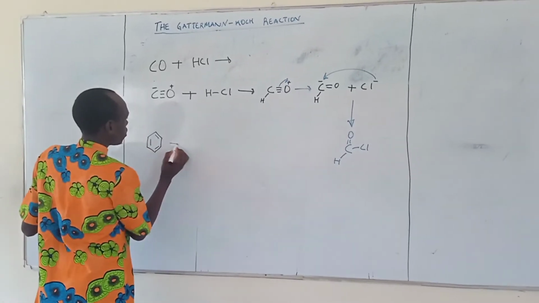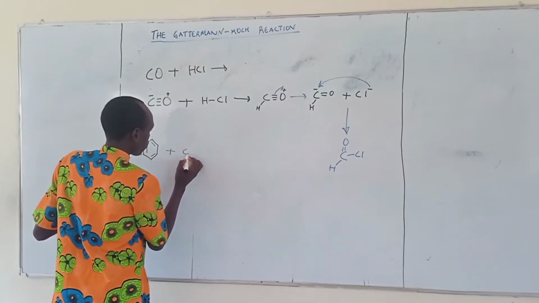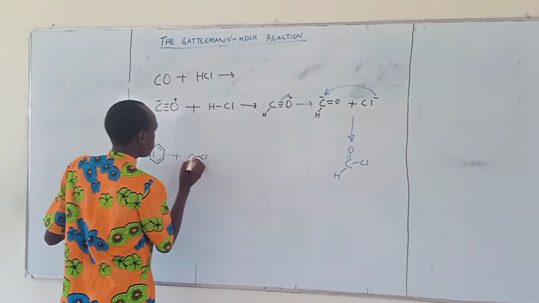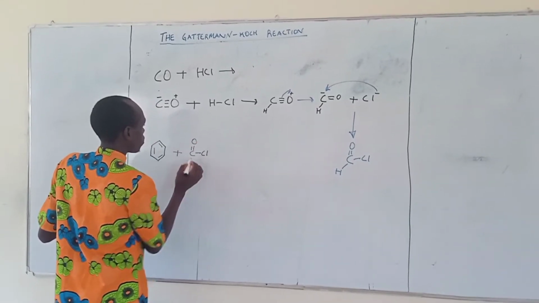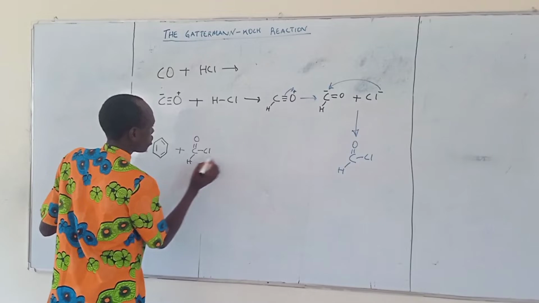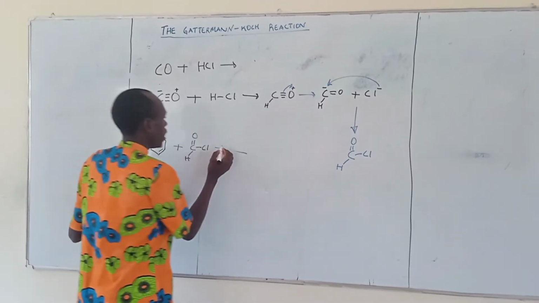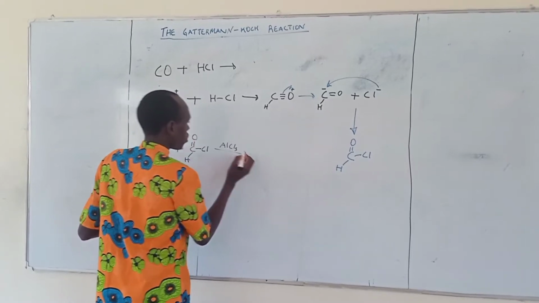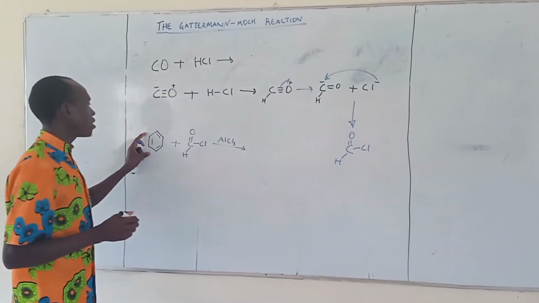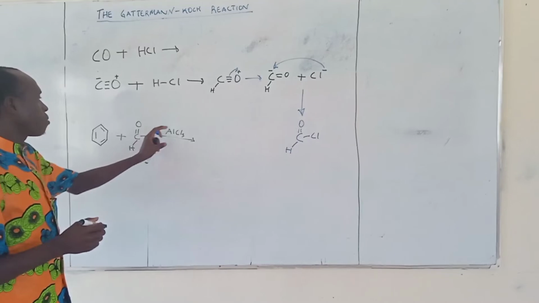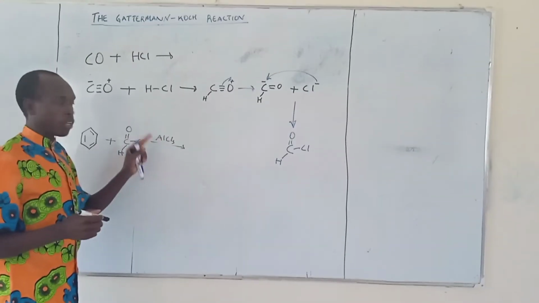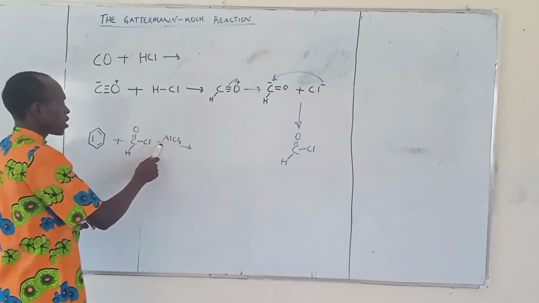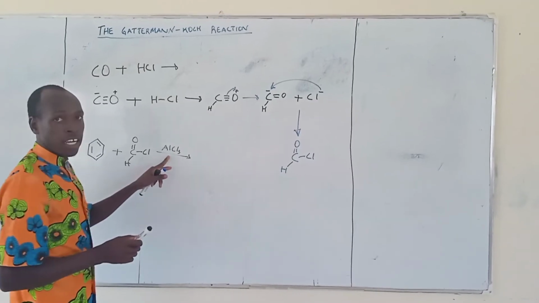We are reacting benzene with formyl chloride in presence of a Lewis acid. The role of the Lewis acid here is acting as a catalyst.